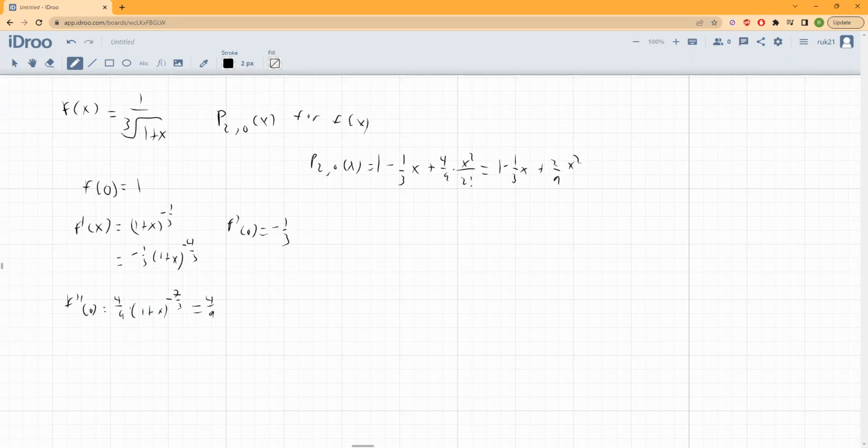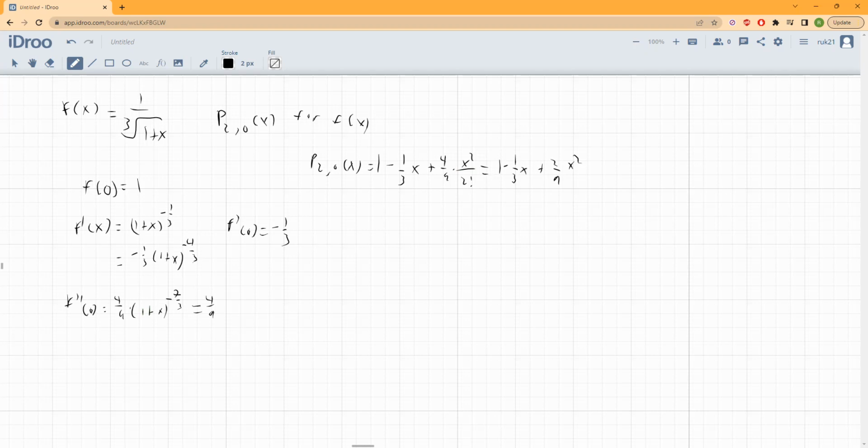So the next part asks: use P2 at 0, so the Taylor polynomial at 1/3, to write a fraction that estimates f at 1/3, which is the cube root of 3/4, then show that the error in the approximation is at most 14 over 2,187.